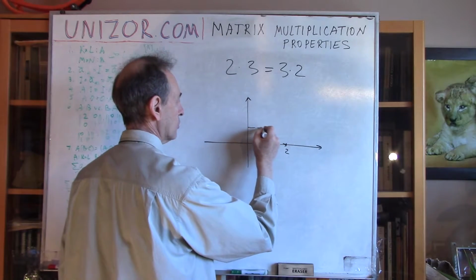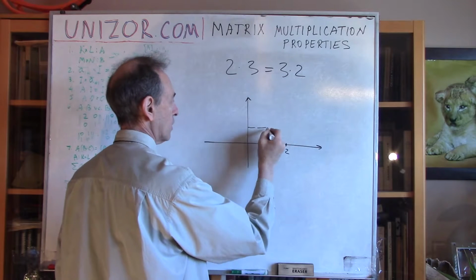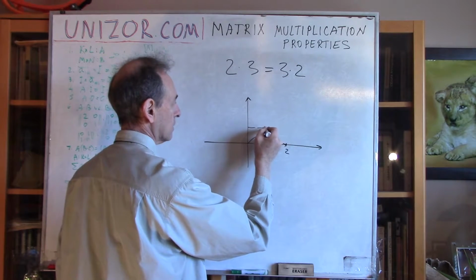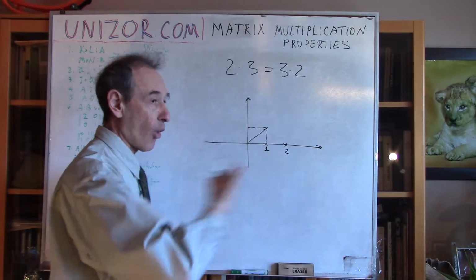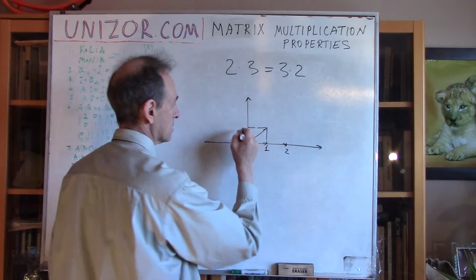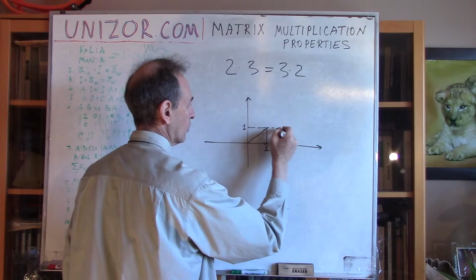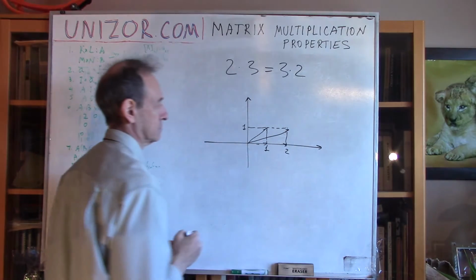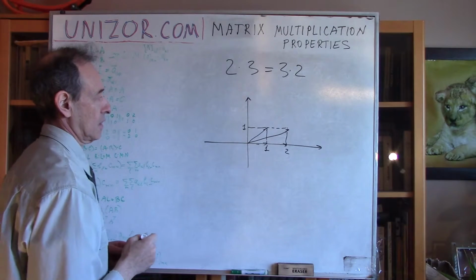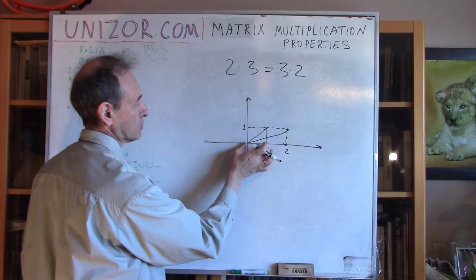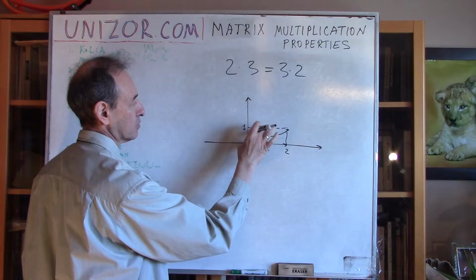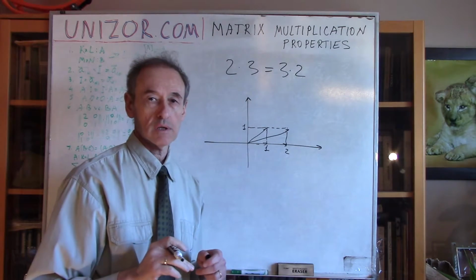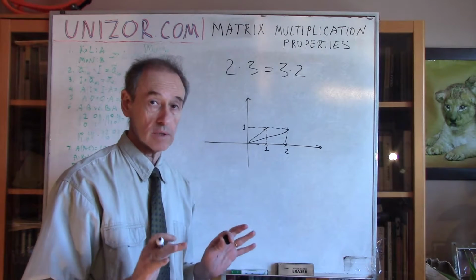Now, if you have a vector with 2 coordinates, 1, 1, I'm stretching only along the x-axis. So the result of this would be this vector. So this would be stretched to this, because I'm stretching only along the x direction.